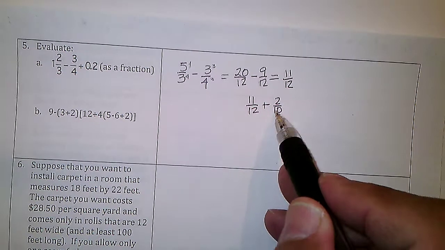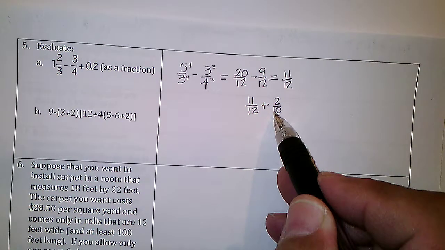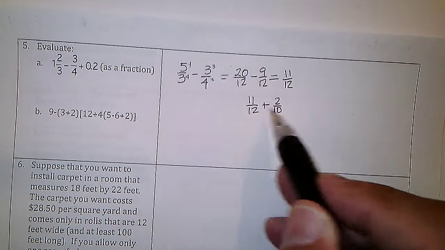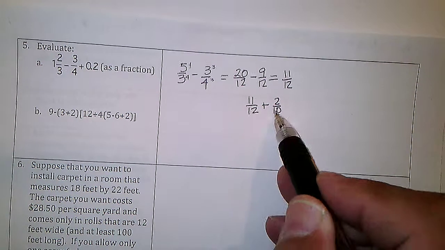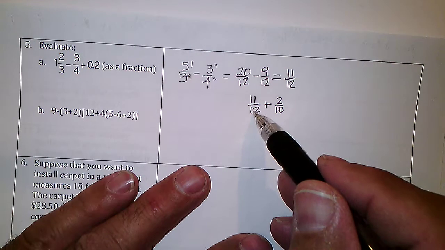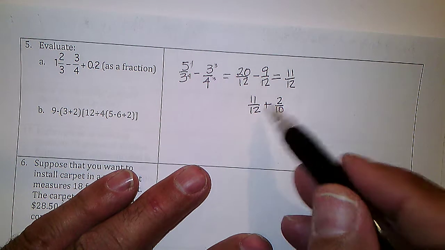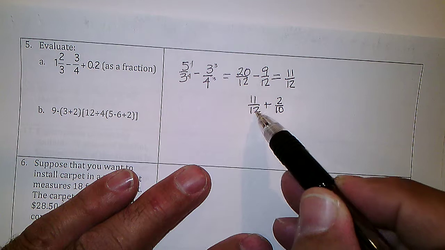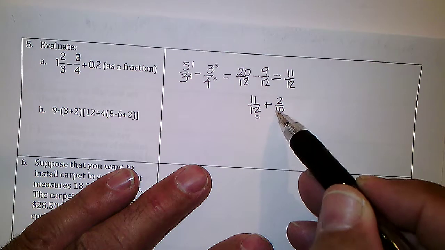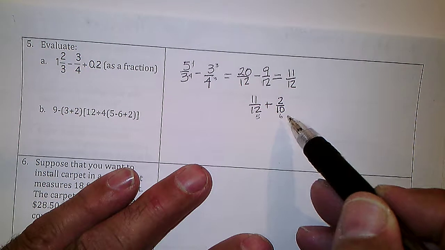Now I can go for a common denominator in these, but 2/10 reduces to 1/5. So I could get the common denominator between 12 and 5 or 12 and 10. And 12 and 10, it might take you a little bit to figure this out, but 12 times 5 is 60, and 10 times 6 is 60.